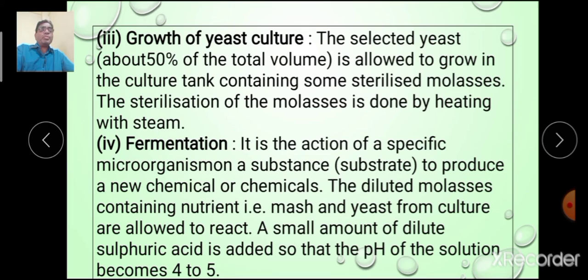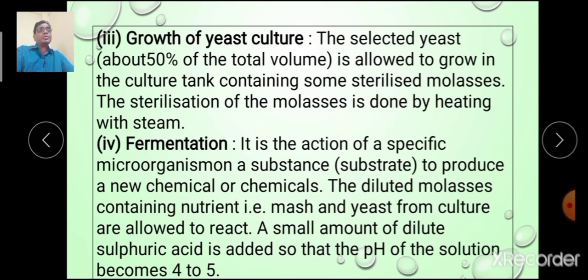It is not possible by just any culture; a specific one is required. The same is the case here. The yeast must be selective, and therefore the selected yeast, about 50% of the total volume, is allowed to grow in the culture tank, and this growth of yeast is done by the building up process.